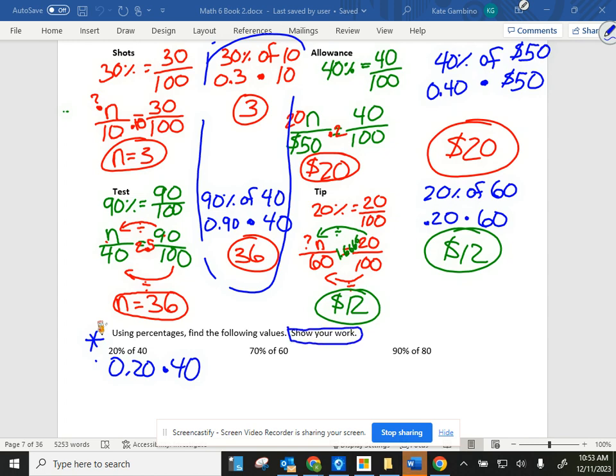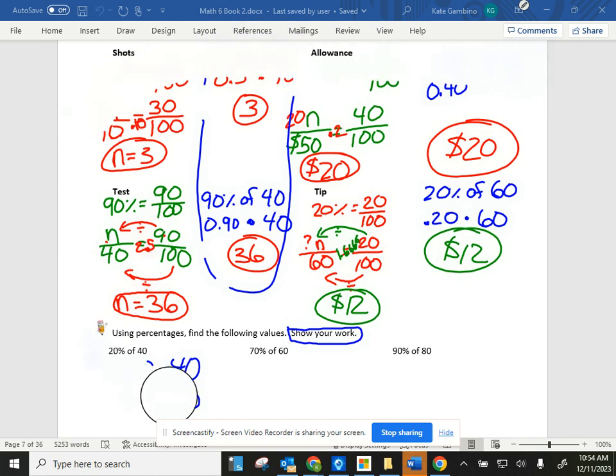You do have to write this calculation out, and then do the math and put your answer. So you have to write out the calculation, what you're putting into your calculator. Do that for all three of those. Now let's look at our second page.